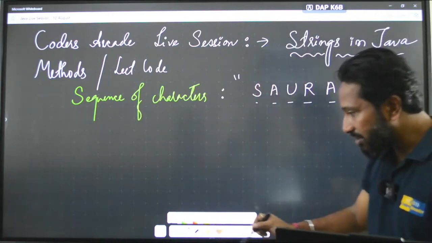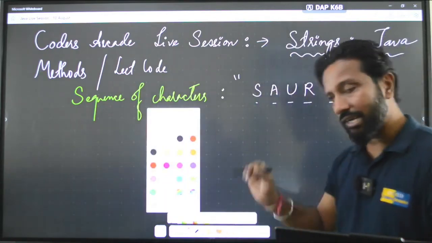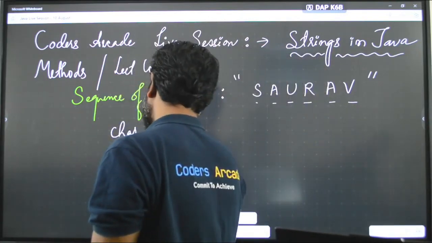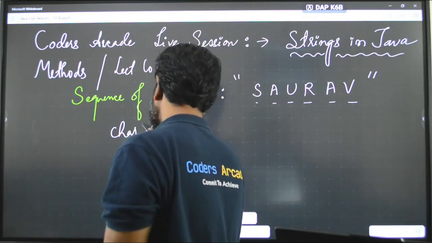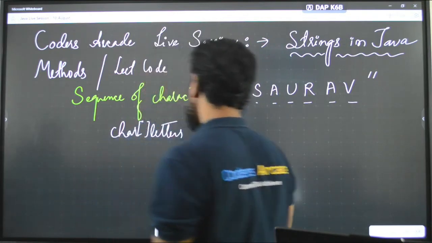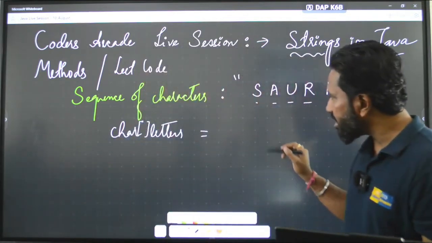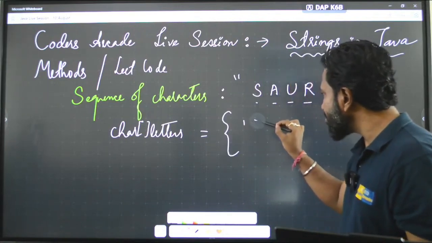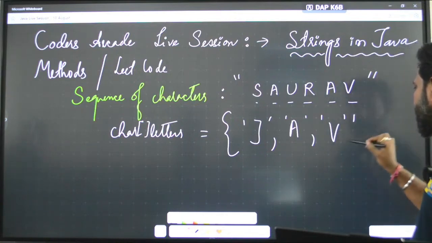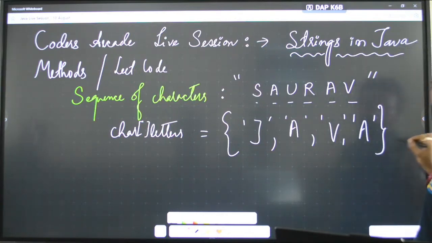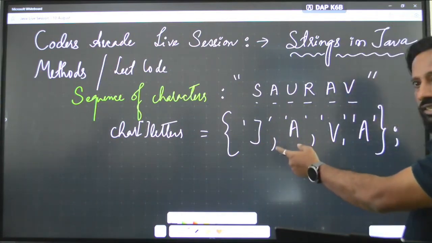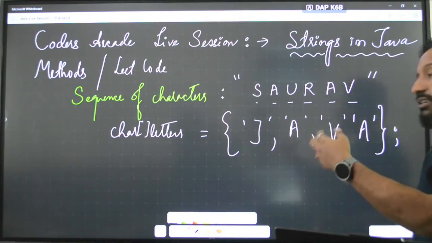We can represent this by using a character array also, something like this. If I say char letters is equal to, in curly brackets, J comma A comma V comma A. Okay, this is a character array having 4 characters J, A, V, A. The same thing can be written using a string like this.